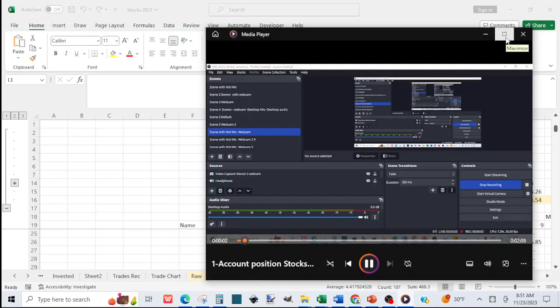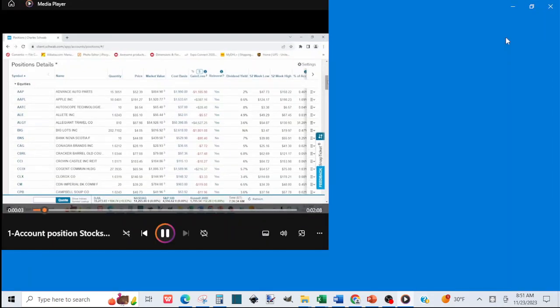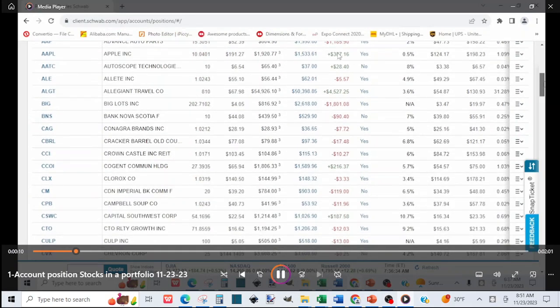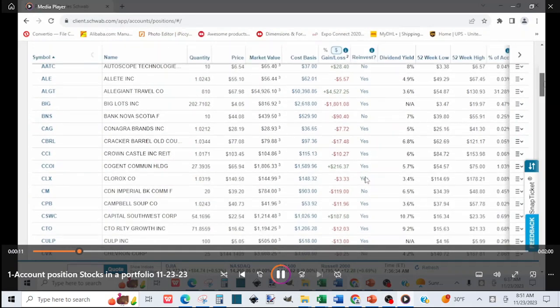I can just scroll down and see the gain and the loss, and how it is calculated is that the cost basis is how much you paid for the stocks.